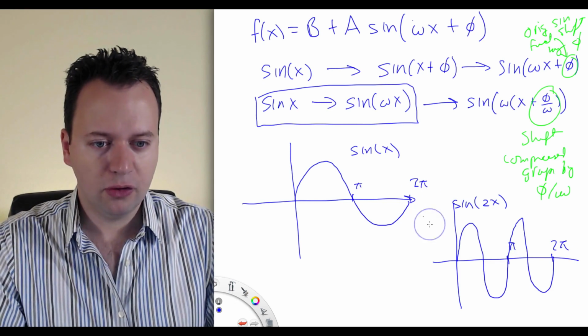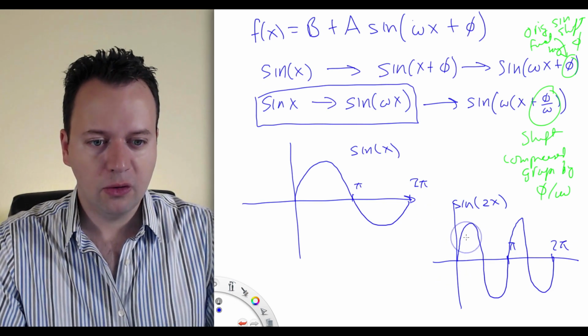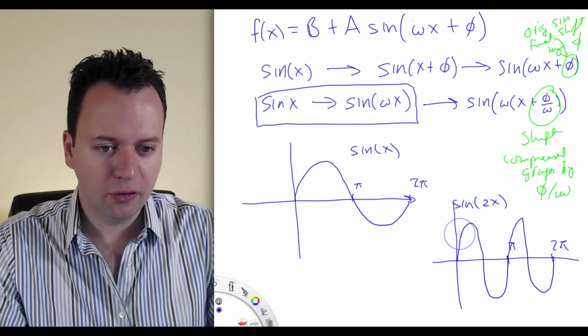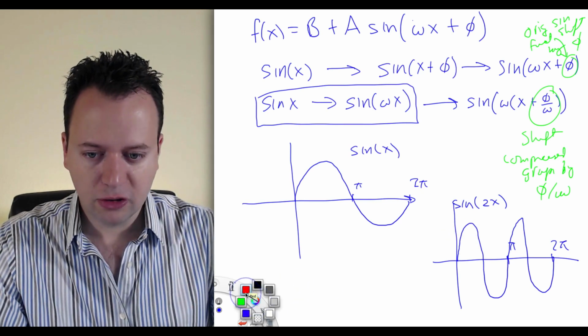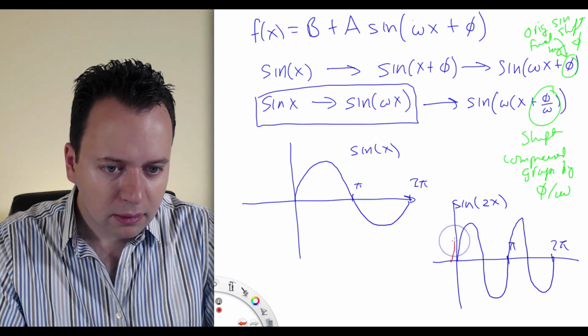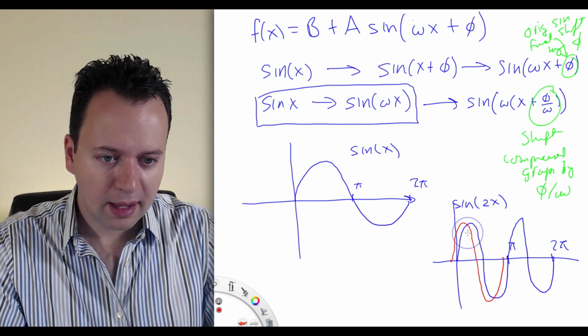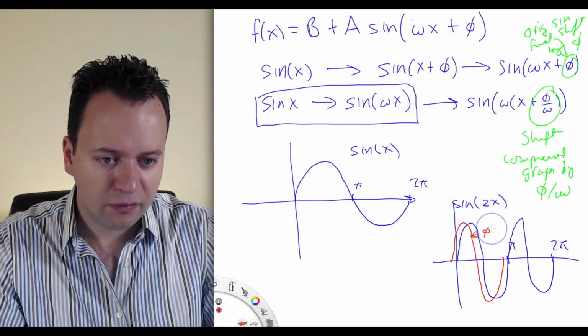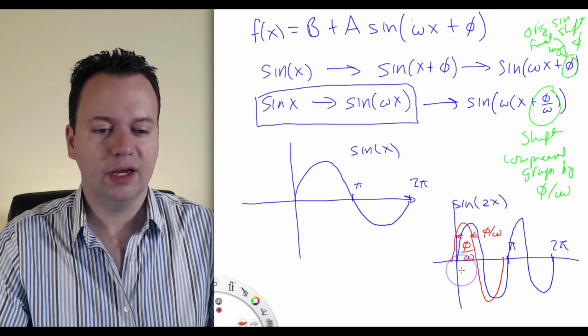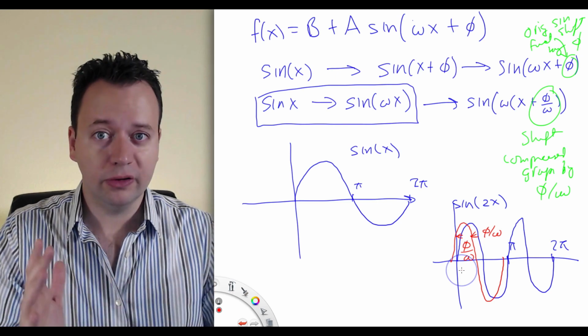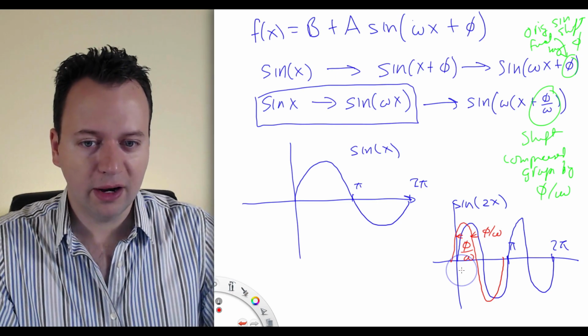And so if you look at the compressed graph, you would shift it by an amount phi over omega. So if we apply the shift next, just go like that. So this shift amount is phi over omega. Right? Because you want to scale the shift according to the scaling of the compressed graph.